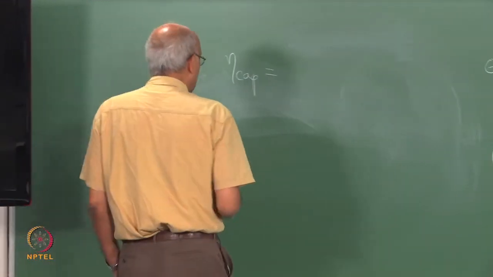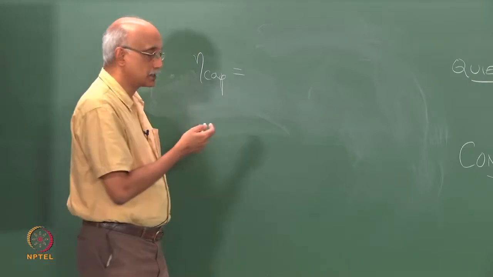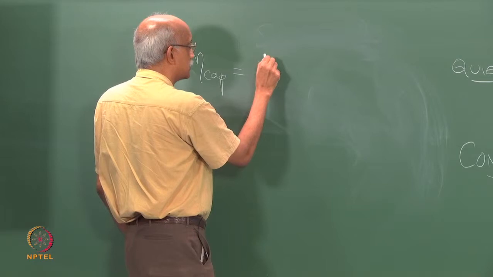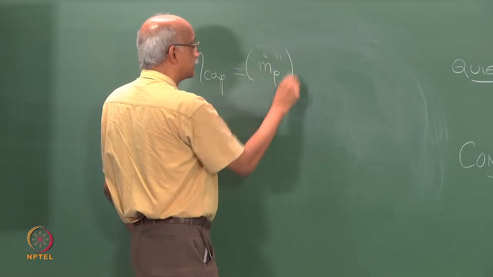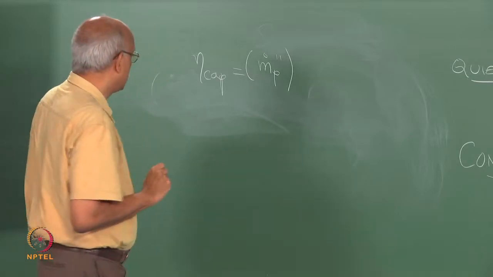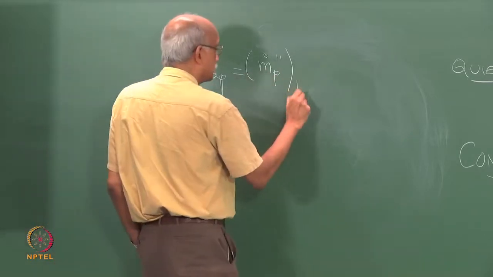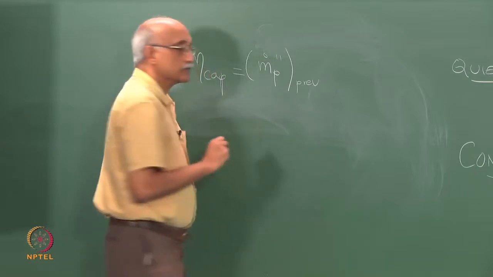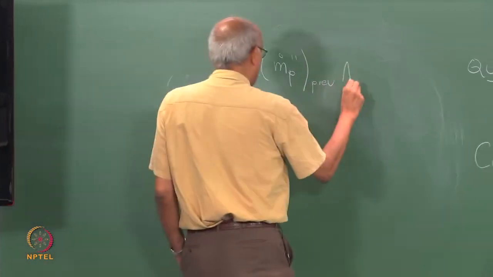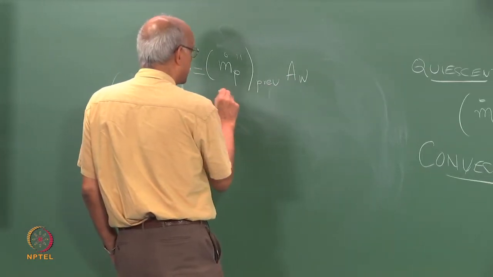To define this, you have to talk about an m_p dot double prime, which is the prevailing mass flux, times the area of the object.